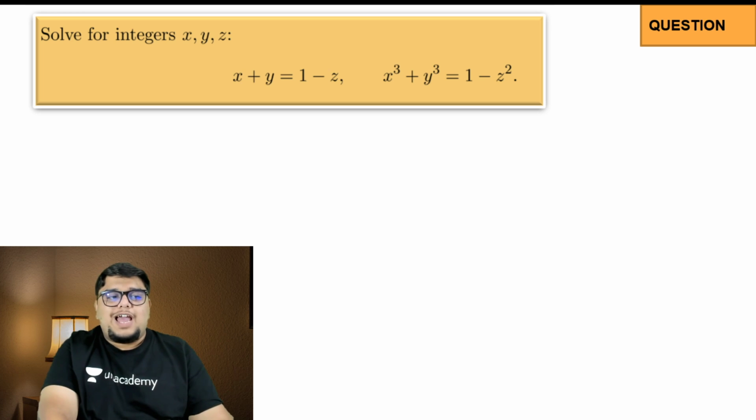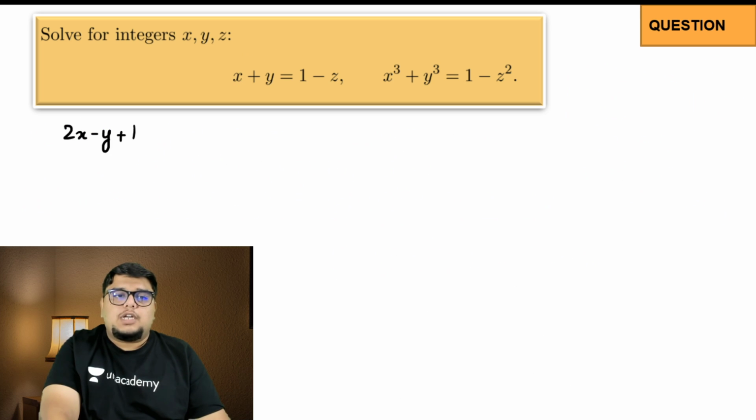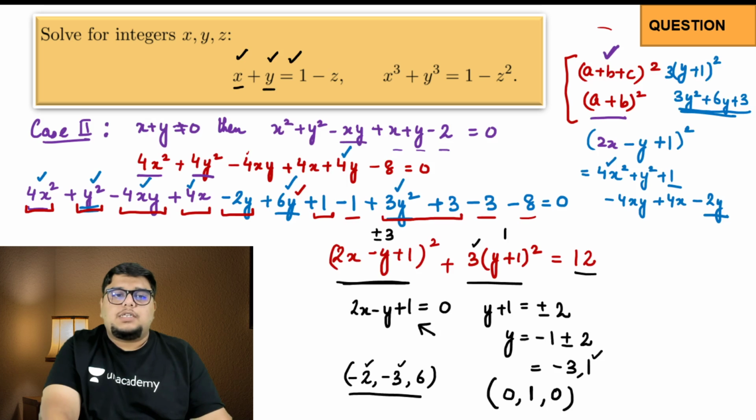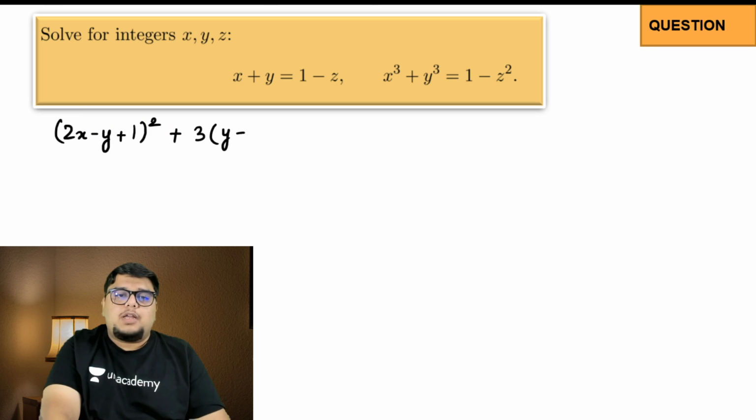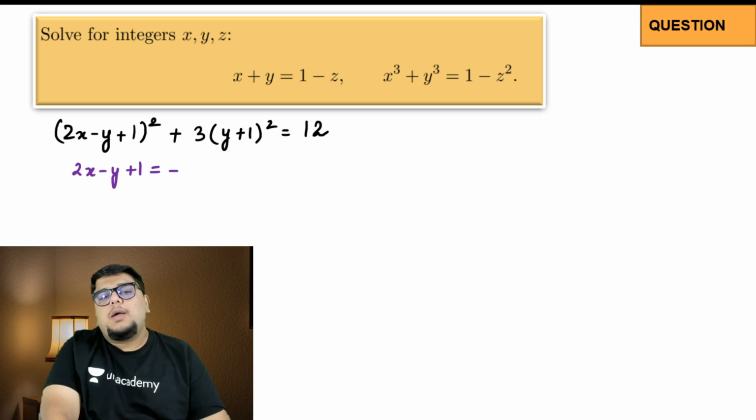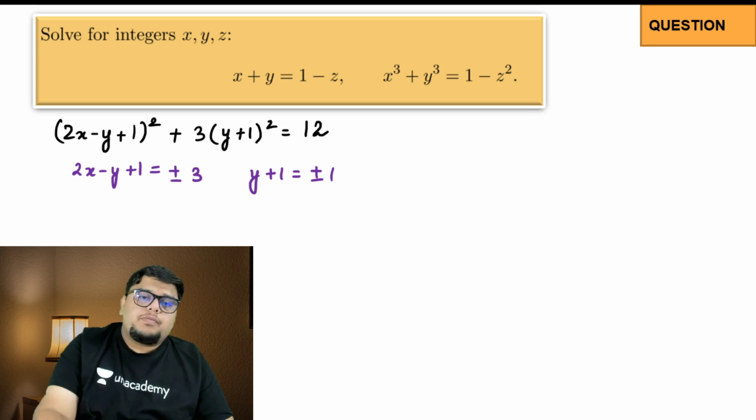So we have first equation is 2x minus y plus 1, its square plus 3 times y plus 1 whole square is equal to 12. So what I said was, let's say 2x minus y plus 1 is equal to plus minus 3 and y plus 1 is equal to plus minus 1. When I put the values here, 3 square will be 9.